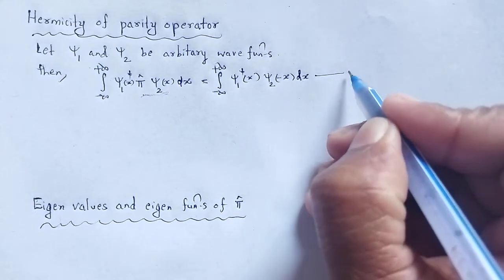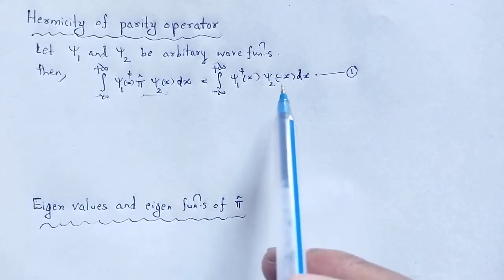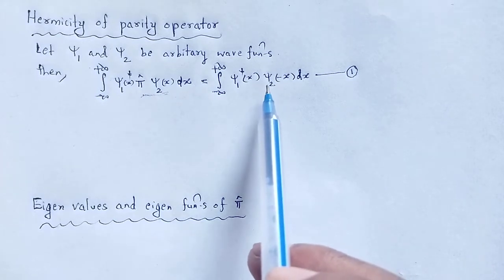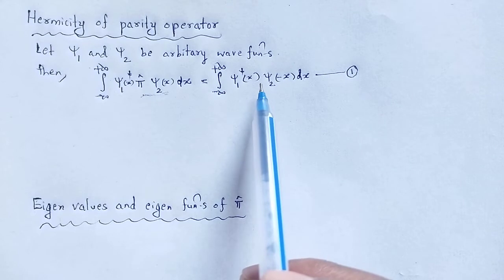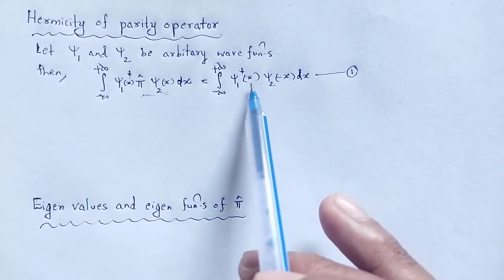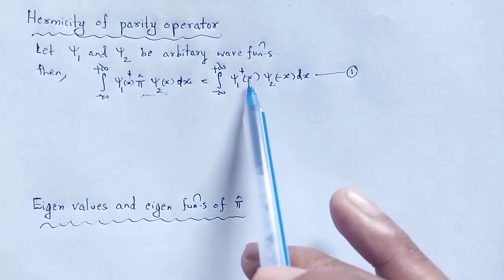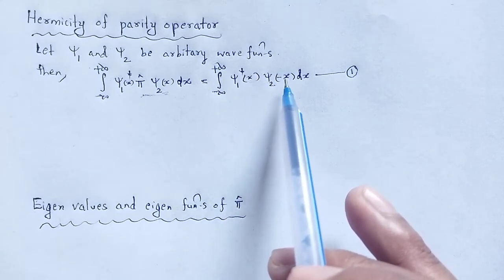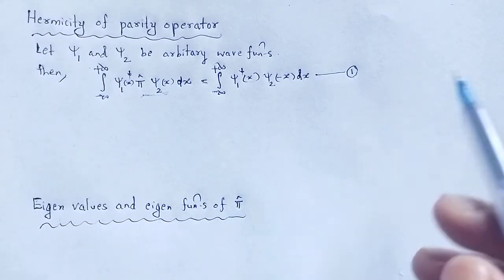Let this be equation number 1. Now, changing the integration variable from x to minus x in the RHS of that equation, we replace x with minus x. What do we have?